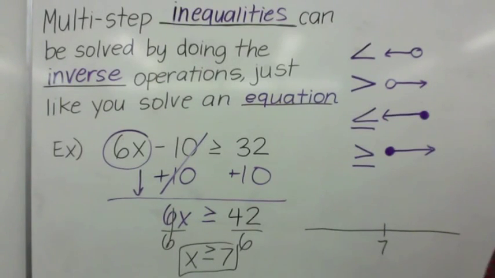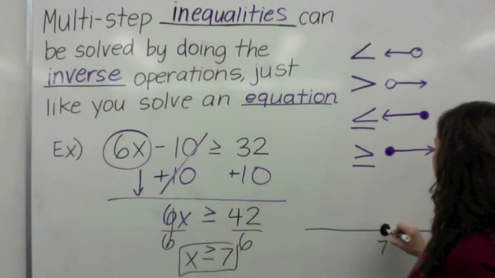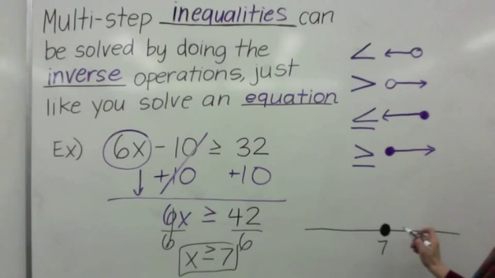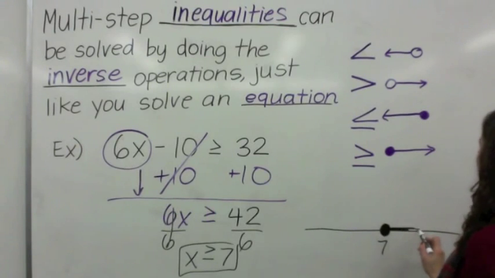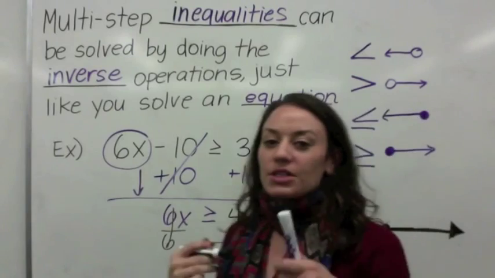If it has an equal sign, it does include 7. So we say it could be 7, or it could be more than 7. So we shade to the right. This implies that any number that is 7 or greater, 8, 9, 10, 11, all the way to positive infinity, could be a solution to this inequality.